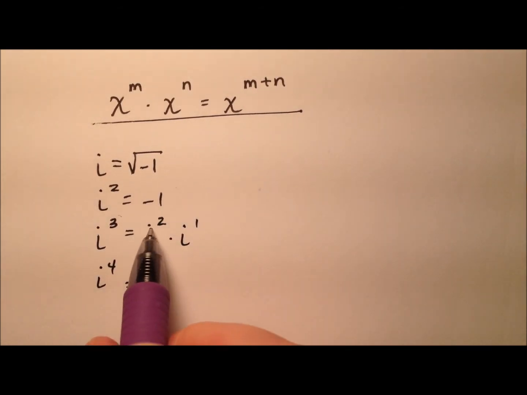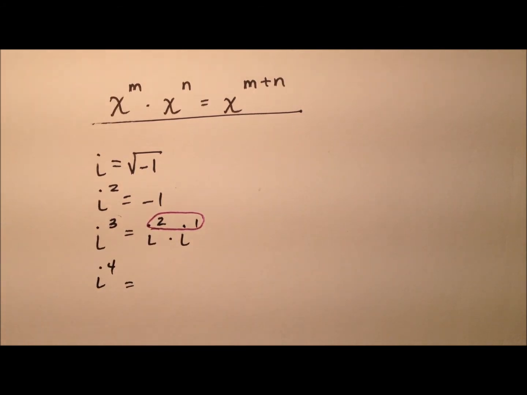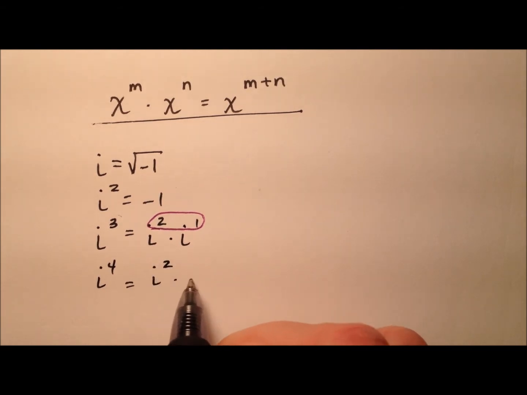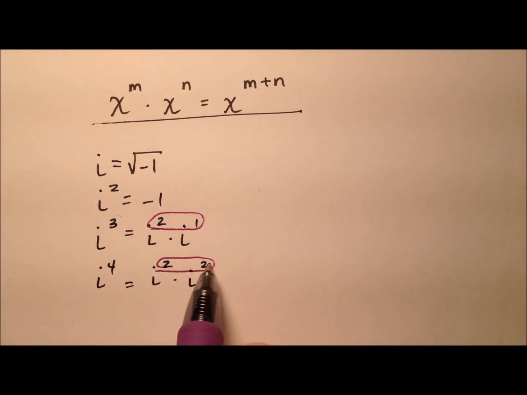The reason I know this is because the 2 and the 1 add together to get this 3. Similarly, i to the 4th can be deconstructed as i squared times i squared, again because the 2 and the 2 add together to make our 4.